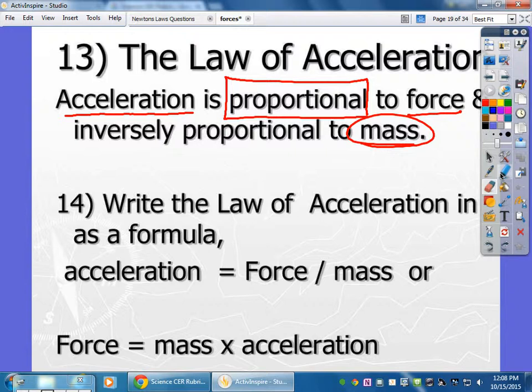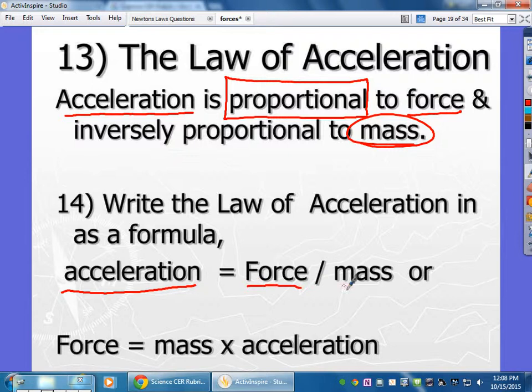So the law of acceleration, the formula for this, you can write it in terms of acceleration: a equals force over mass. And then it's also written in terms of force, and that would be force equals mass times acceleration. So it's just manipulating this formula. This is the most common form, F equals m times a.